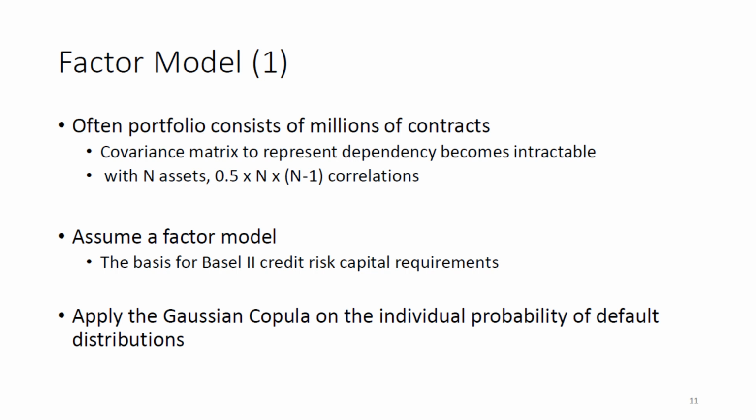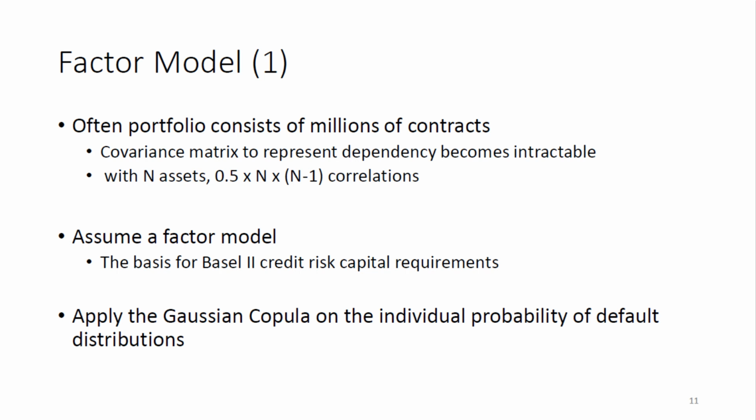Very simply because if I look at a portfolio of a bank, then very quickly such a portfolio has over a million contracts, over a million assets. So if I need to measure the co-movement between all these assets, I get to very large matrices, which becomes intractable to handle.